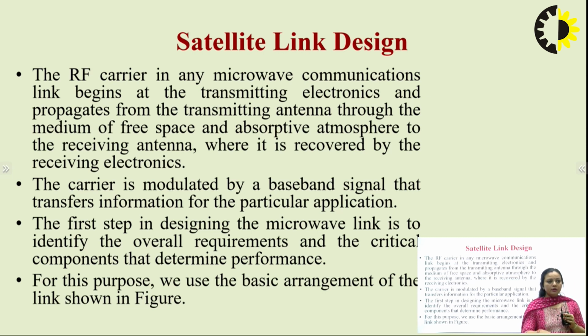At the ground Earth station you have electronics which transmit your data with the help of an antenna. The path is the free space. Then at the satellite, it is received by the receiving antenna and electronics.